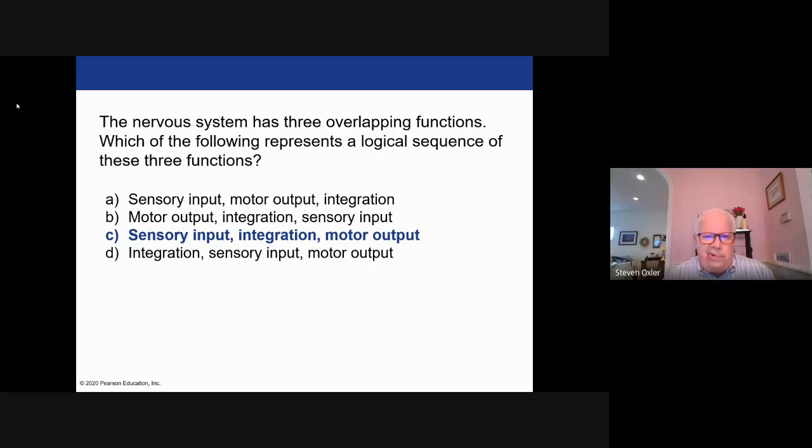The central nervous system receives input from sensory fibers in the peripheral nervous system. Is that afferent or efferent fibers?